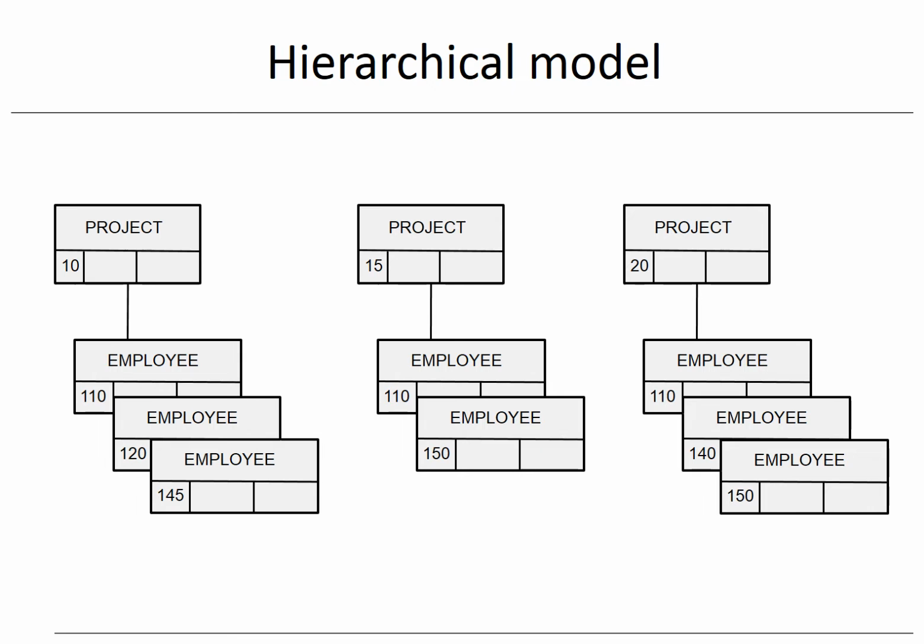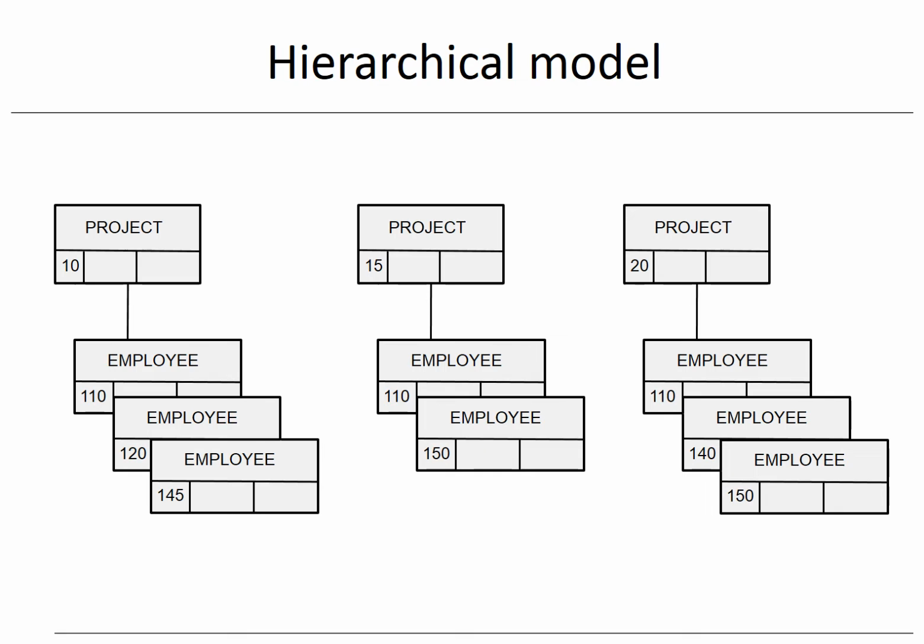Here you can see some example records for this implementation. Project number 10 has 3 employees working on it: Employee 110, Employee 120, and Employee 145. You can also see that Employee 110 works on all 3 projects, Project 10, 15, and 20.